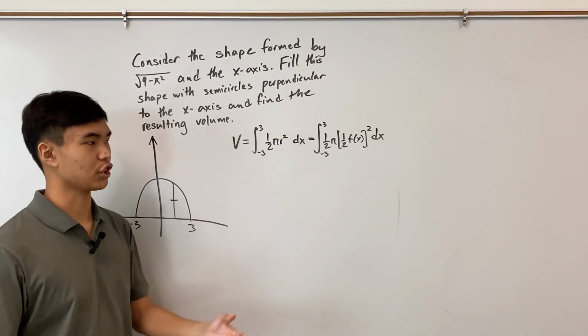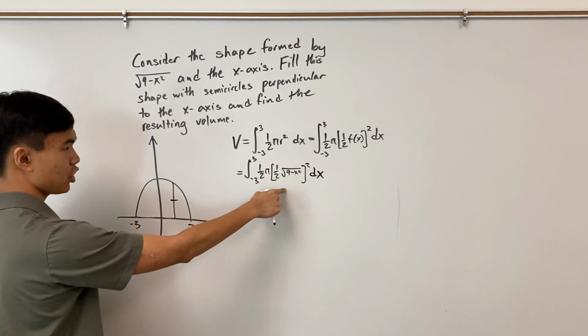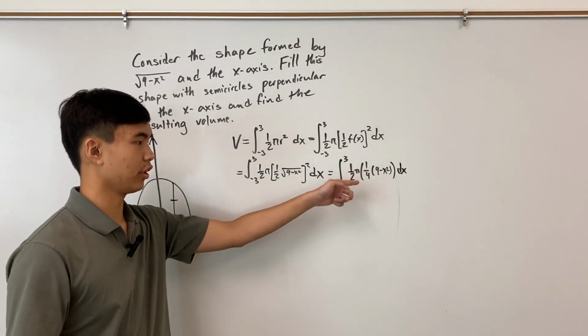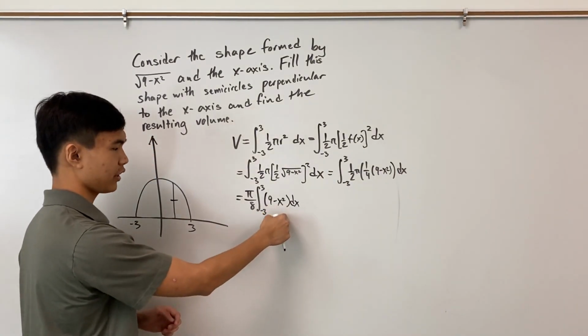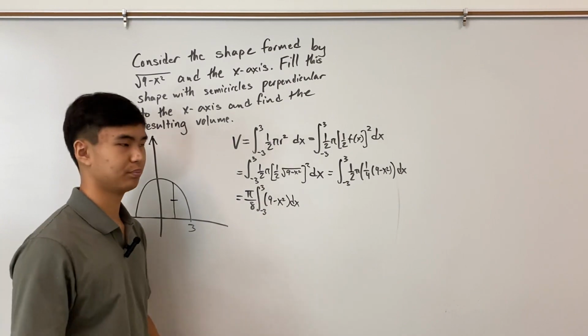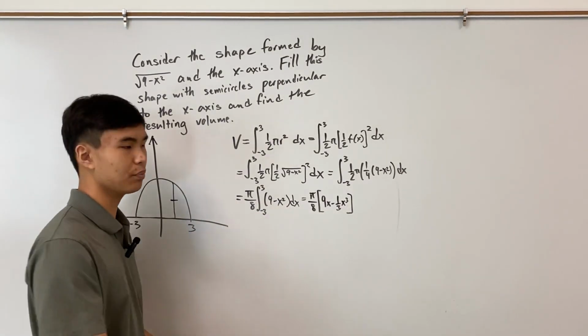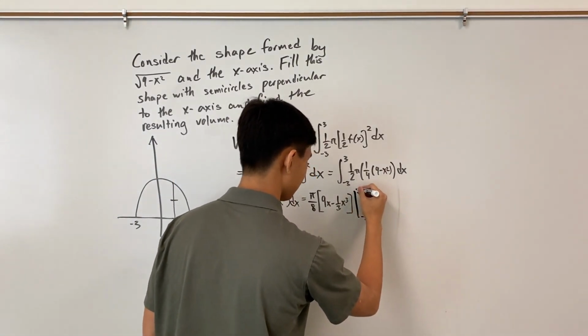And now all that's left is just plug in f of x and solve the integral. So now I've plugged in our function, and then I'm going to apply the square, like so. And then I'm going to bring out all the constants outside the integral. And now I'm going to integrate this term by term using the power rule. The integral of 9 minus x squared is 9x minus 1/3 x cubed, and we're evaluating this from -3 to +3.